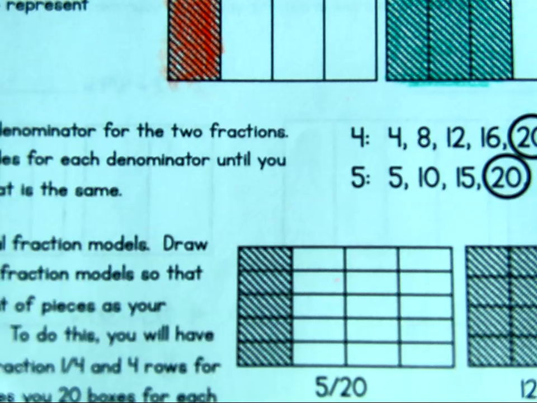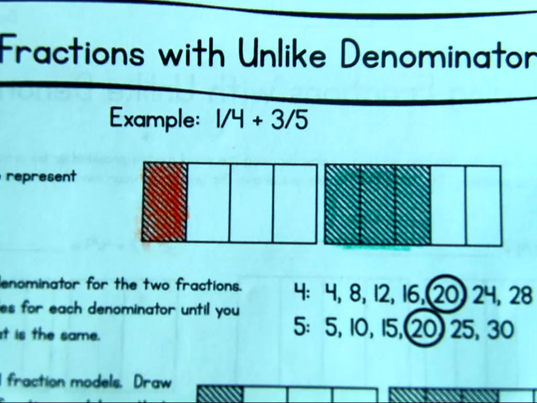Okay, so I can't add these two numbers because my pieces are not cut into the same number. So I'm going to find a way to cut them into the same number of pieces so that I can add them. I'm going to do this by finding numbers that they have in common.